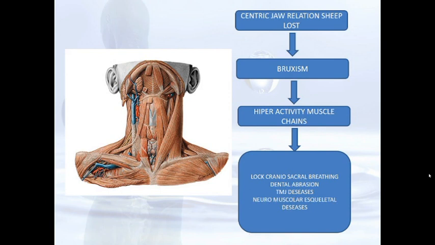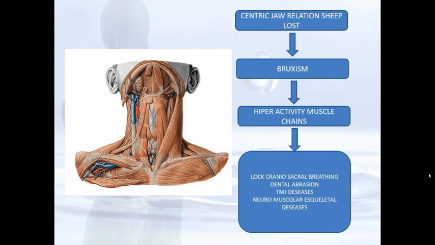When the centric relationship is lost, the central nervous system starts a defense, a very bad defense, which is bruxism. Bruxism is the defense that the central nervous system has to liberate the jaw and its joint.